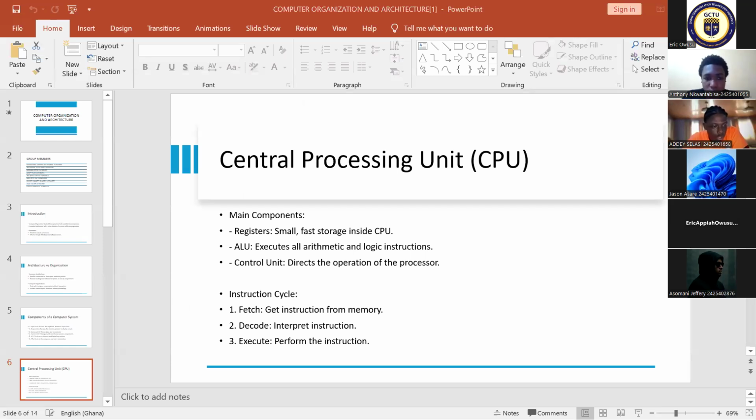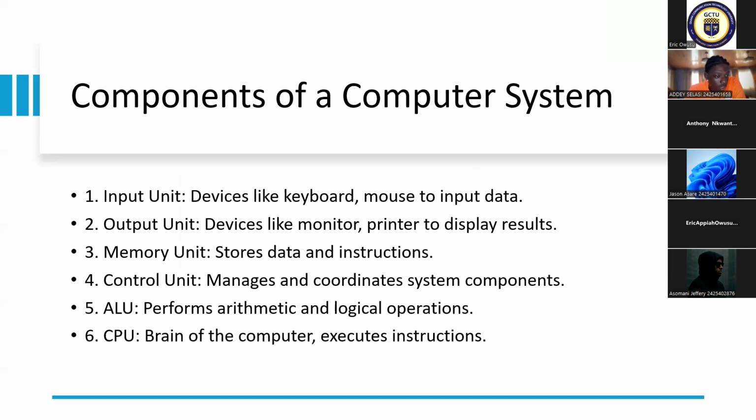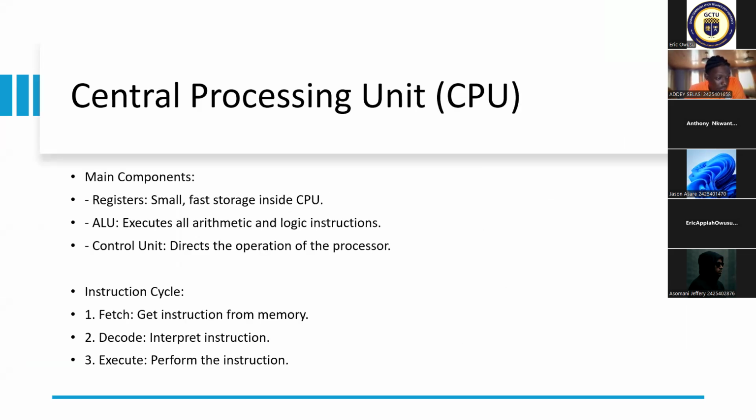Central processing unit. So the main components of the central processing unit. You have the registers, which are small, fast storage inside the CPU. Then the ALU, it executes logic instructions. Then you have the control units, which direct the operations of the processor.